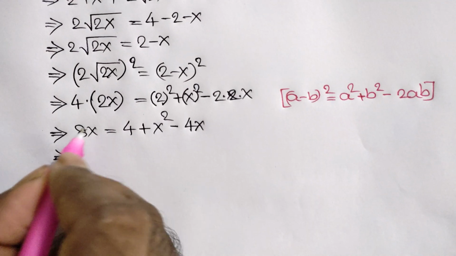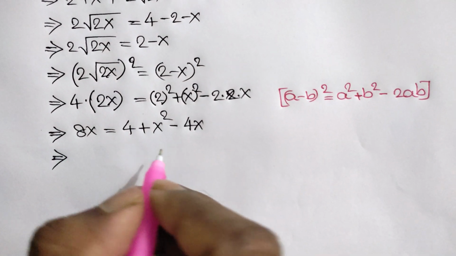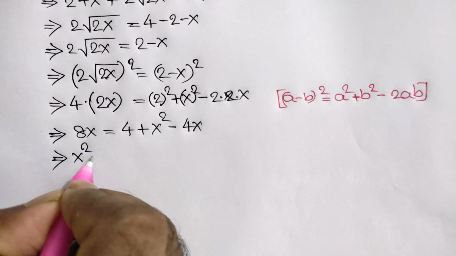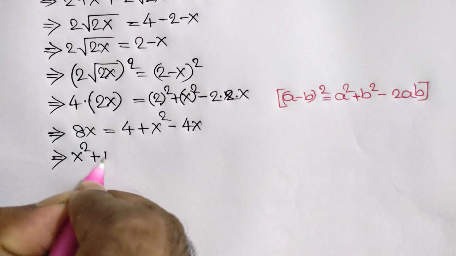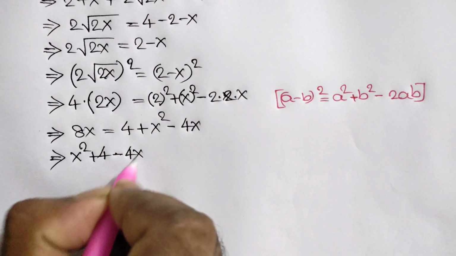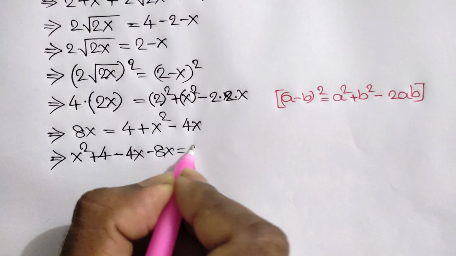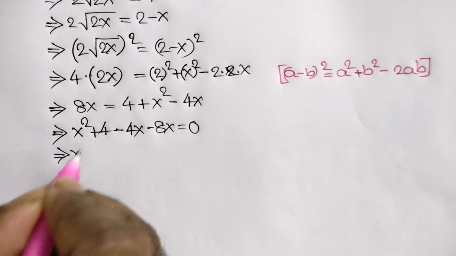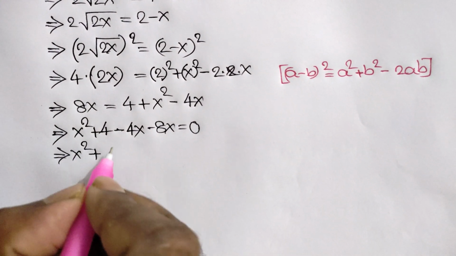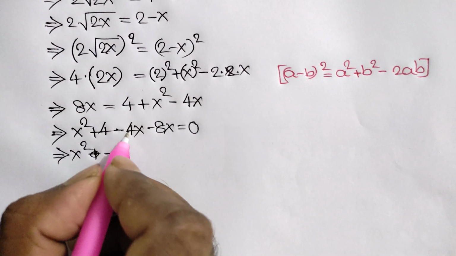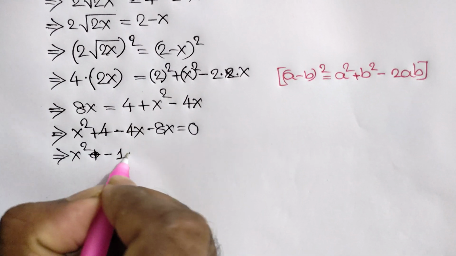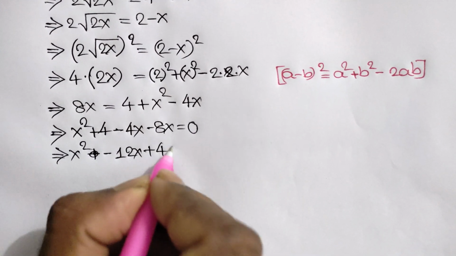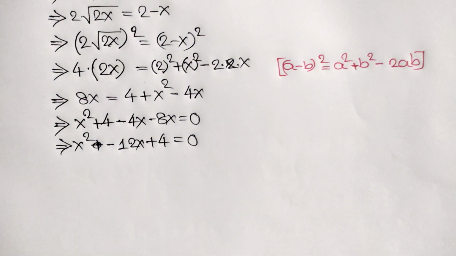Now taking this 8x to the right side and changing sign, we can write x square plus 4 minus 4x minus 8x is equal to 0, or x square minus 4x minus 8x is 12x, plus 4 is equal to 0.